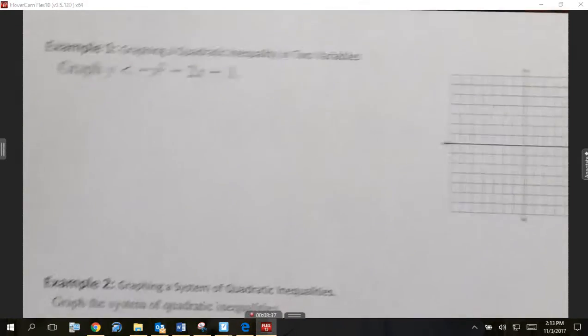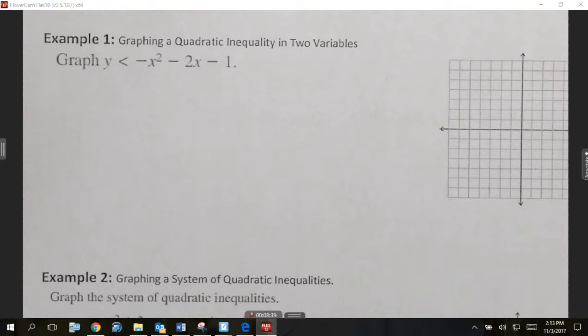So example 1, we're going to graph y is less than negative x squared minus 2x minus 1. Other than pulling out our calculators, how could we graph this by hand? What could we do? It was in your assignment yesterday.